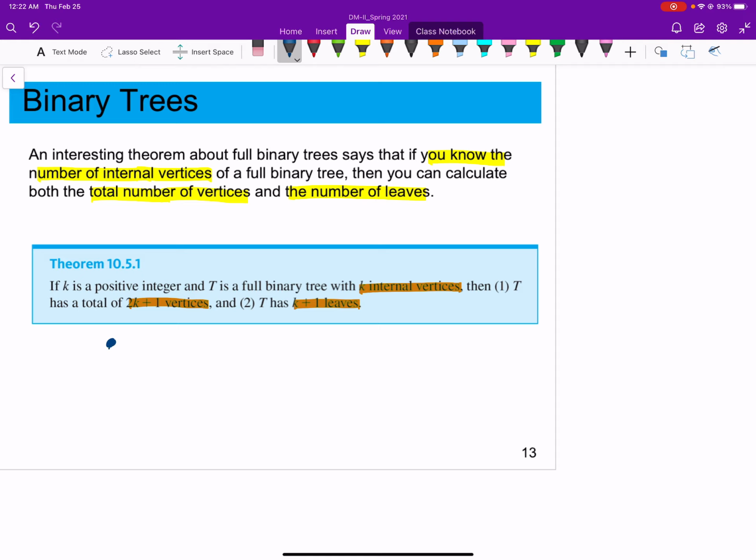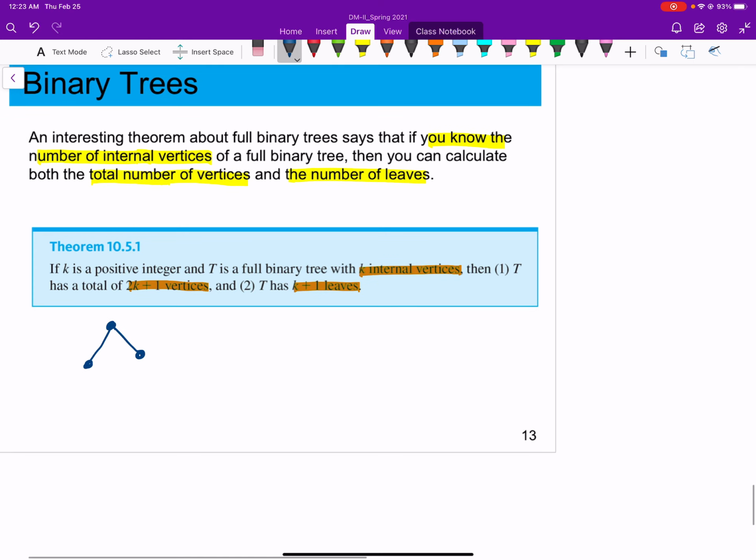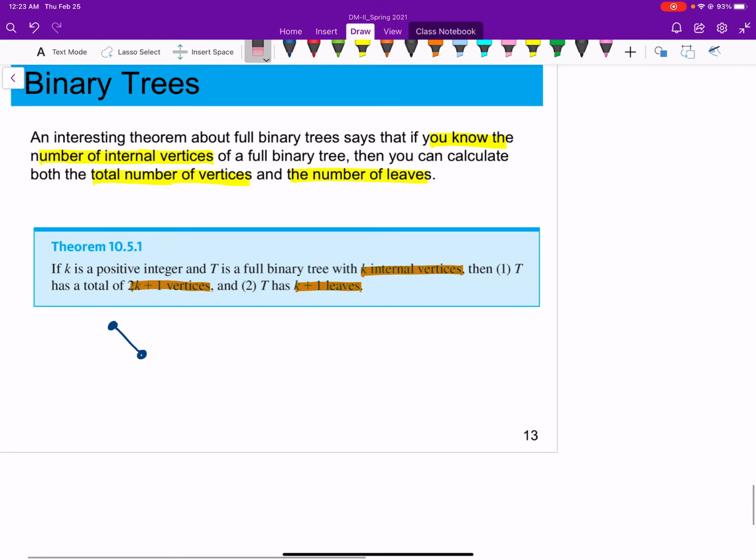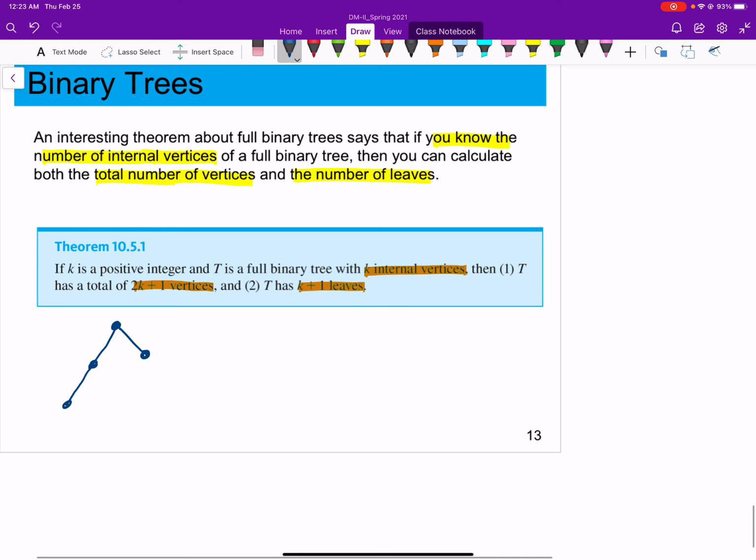This is the root. All right, so here how many internal vertices? Let me count. 1, 2, 3. There are 3 internal vertices.